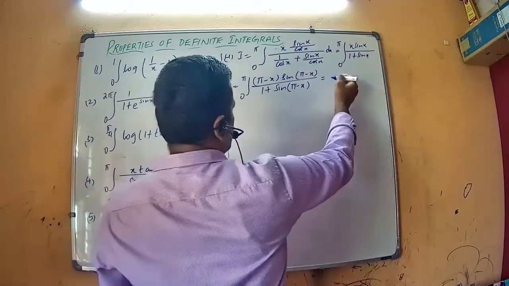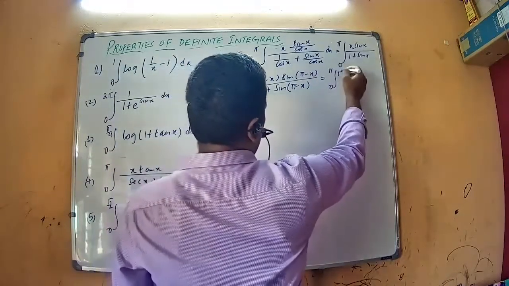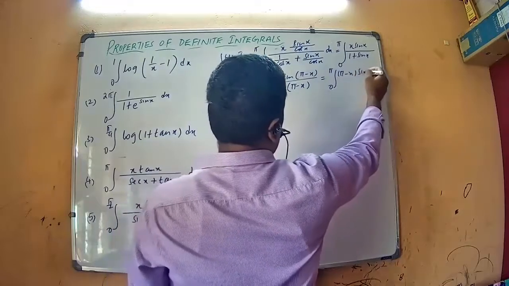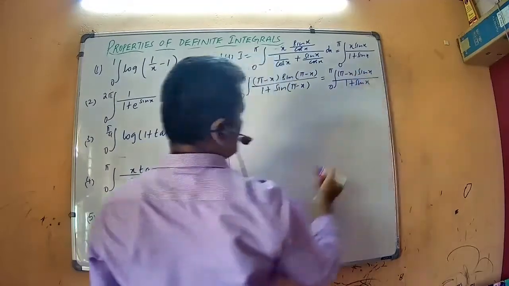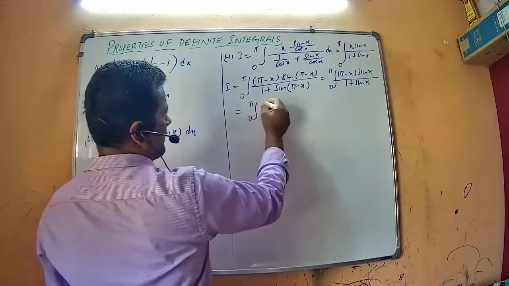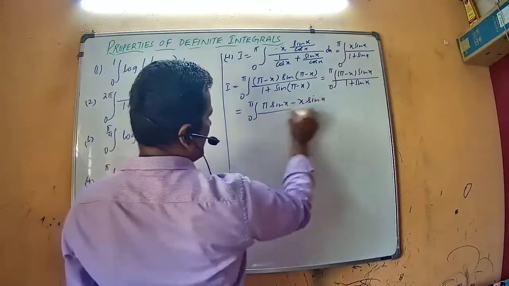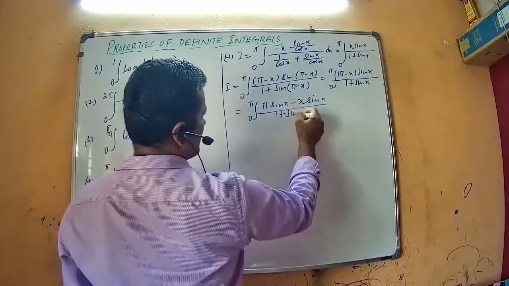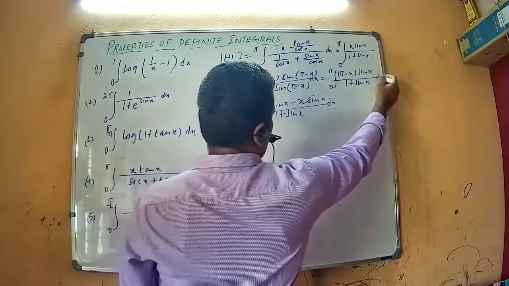So this will become pi minus x into sine x by 1 plus sine x. Now multiplying with pi, this is 0 to pi of pi sine x minus x sine x by 1 plus sine x dx. So dx is there everywhere.